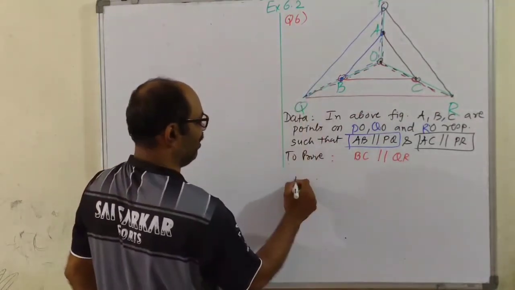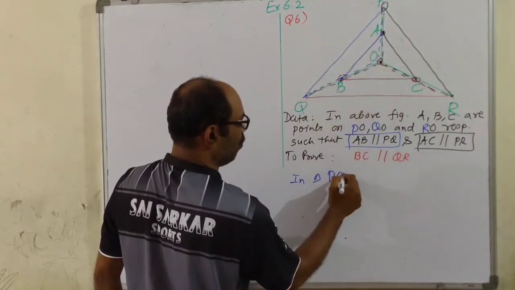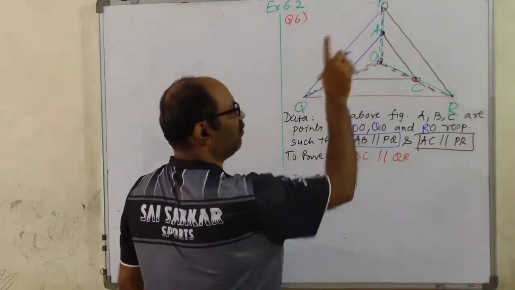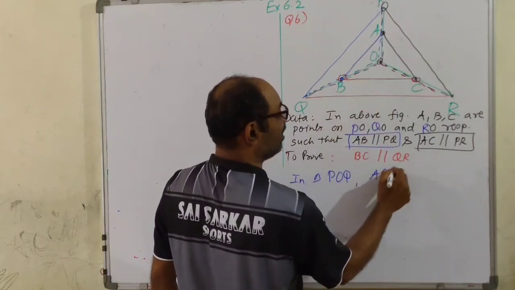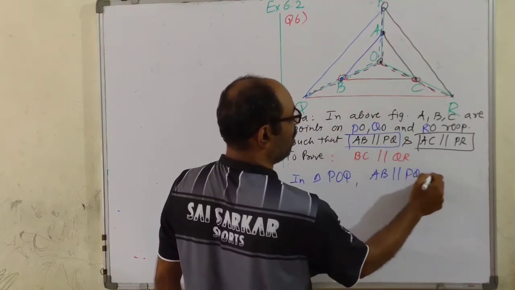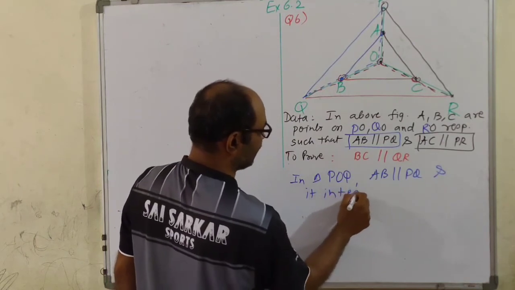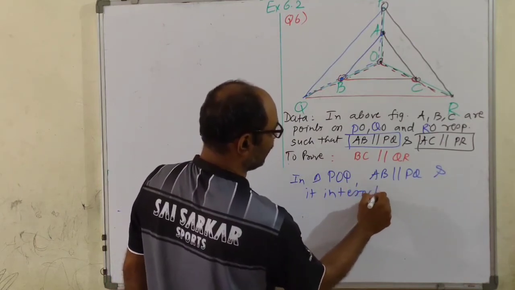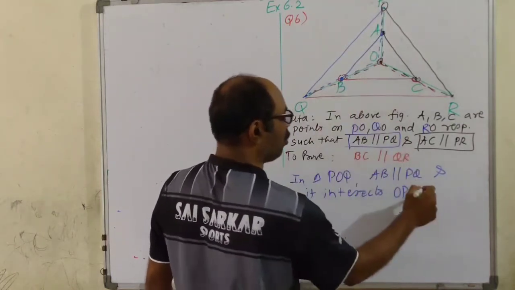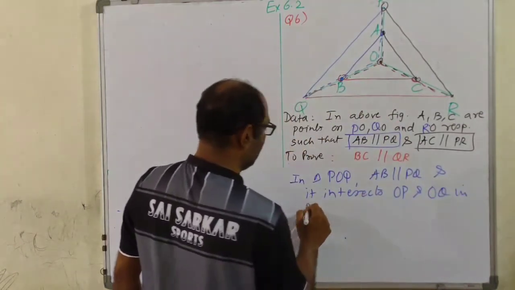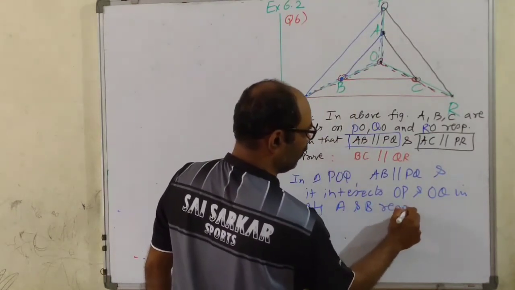I'm picking triangle. In triangle POQ, right? I'll write for one. In triangle POQ, AB is parallel to PQ and it intersects the other two sides, that is OP and OQ, in points A and B respectively.